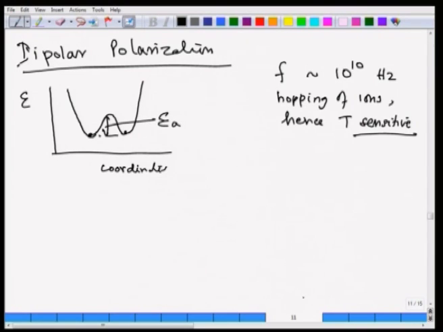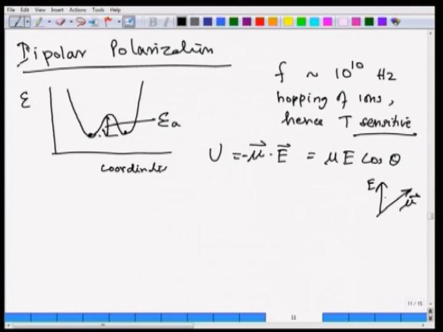The question we ask is, what happens if there is a dipole moment, where one corresponds to a dipole rotating in the direction of the electric field, and one totally away from it. Then what happens when you apply an electric field? You know that if there is a dipole moment mu and we apply an electric field, then the dot product of dipole moment and electric field gives us the energy, with a minus sign, which is equal to minus mu E cos theta, where theta is the angle between the electric field and the dipole moment direction.